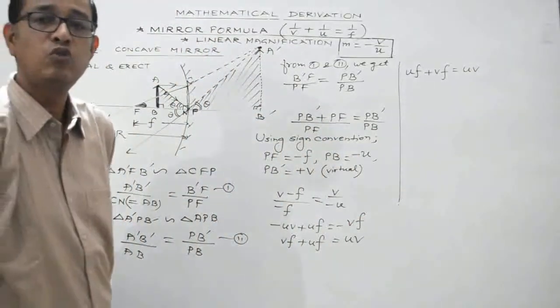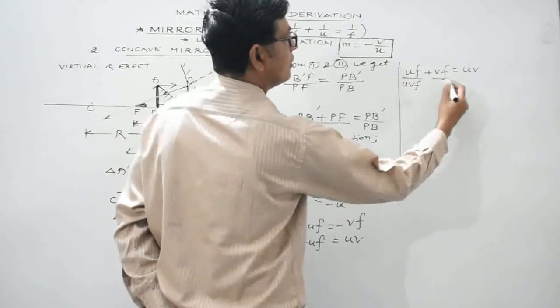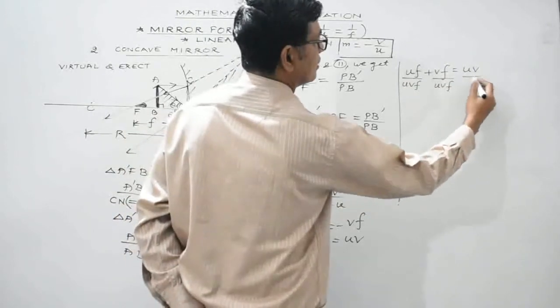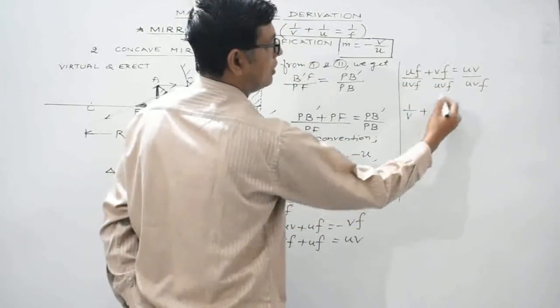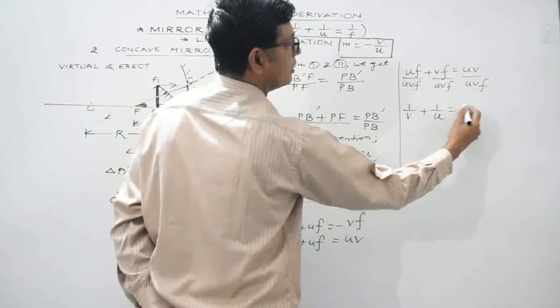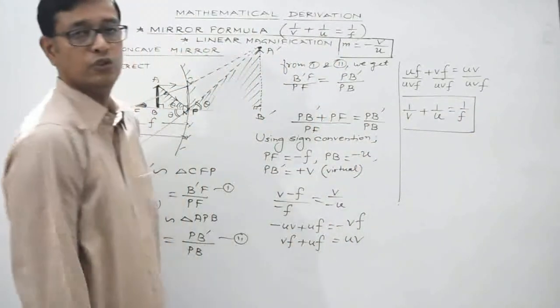Now divide throughout by UVF. Let's divide both sides by UVF. So we will be left with 1 by V. Here we will be left with 1 by U. And here we will be left with 1 by F. So that's the mirror formula for you.